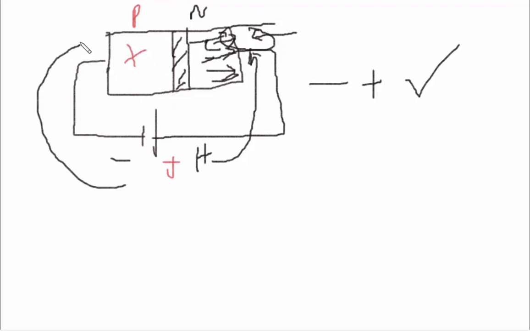Similarly, when electrons are moving here, these positively charged holes also start coming here. They are all accumulated on this side. All the positive are accumulated here, and all the negatively charged electrons are accumulated here.